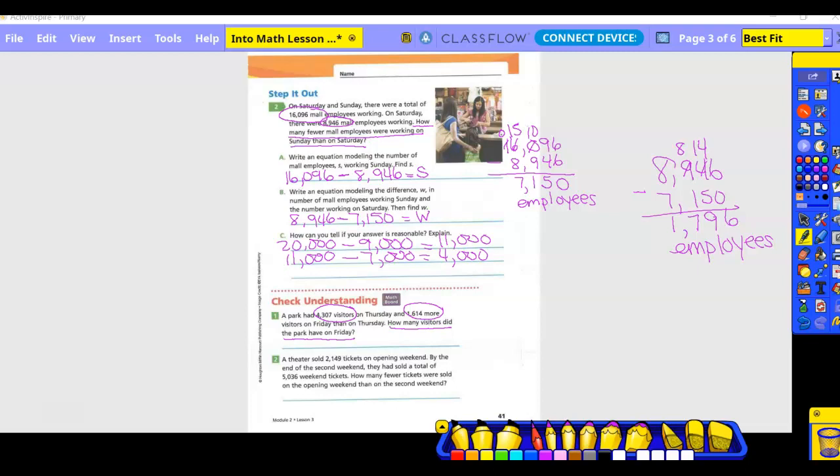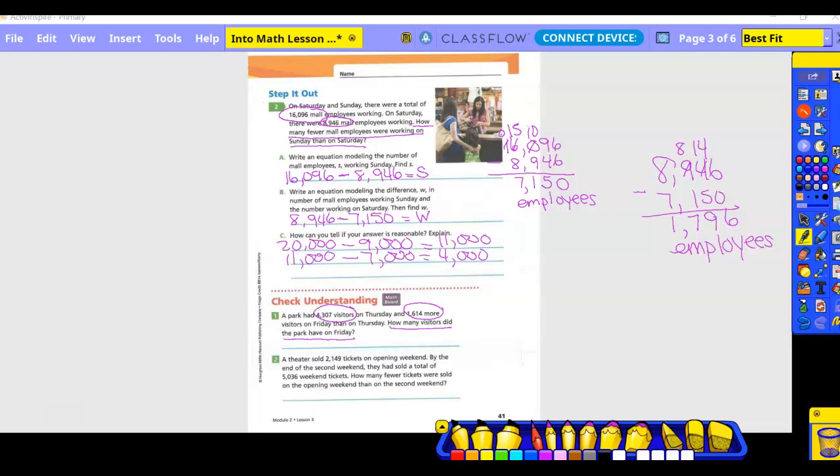So, are we going to add, subtract, multiply, or divide? We're going to add because what word tells us we're adding? More. Okay. And sometimes more than also tells us we need to subtract. It's just we have to read and use the other context clues to decide which one.